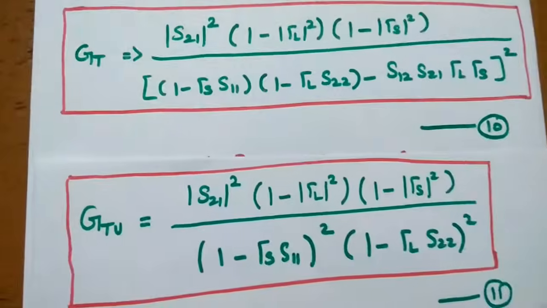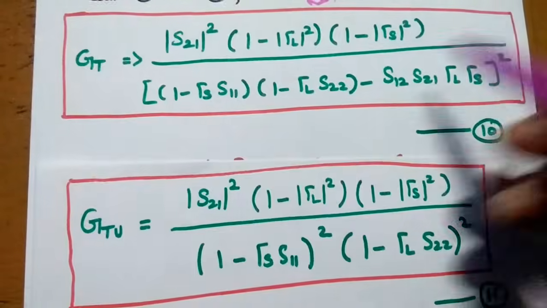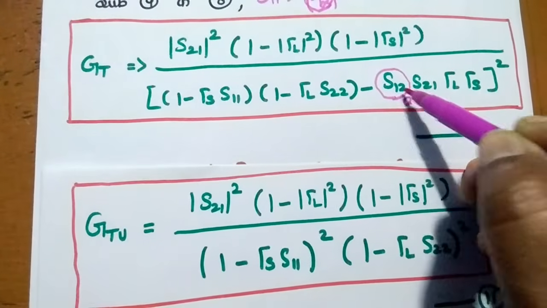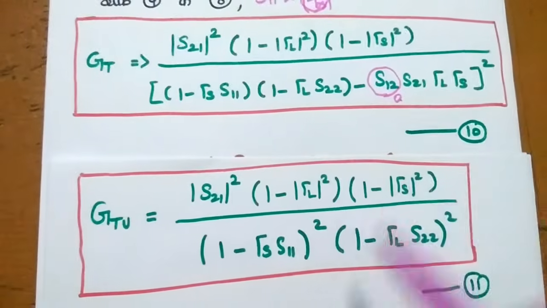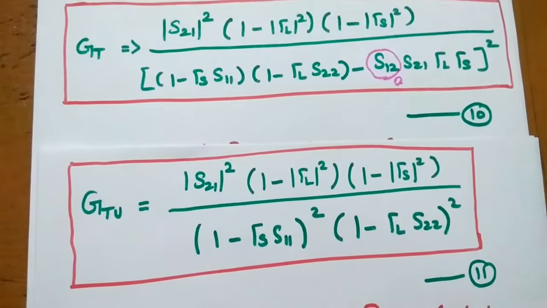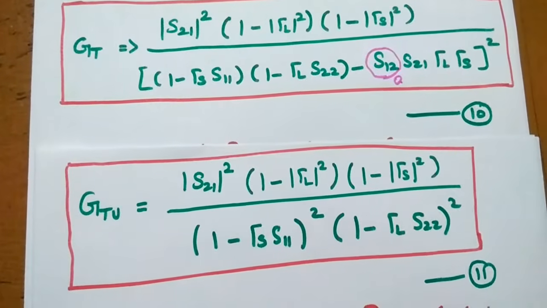Correct? Because in this 10th equation, S12 becomes 0, which means the whole term becomes 0. So we can get the unilateral power gain like this. Consider this as the 11th equation.